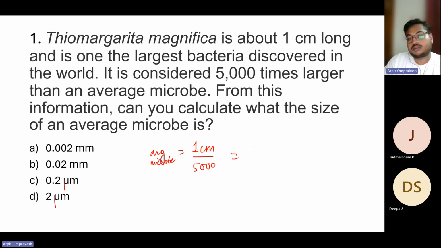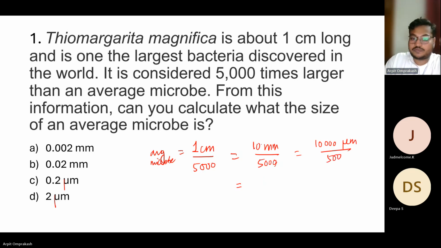So 1 centimeter is 10 millimeters, divided by 5,000. And 1 centimeter is also equal to 10,000 micrometers, divided by 5,000.